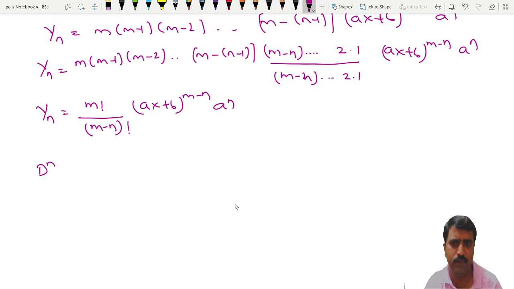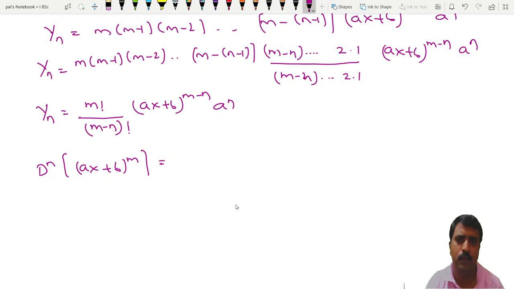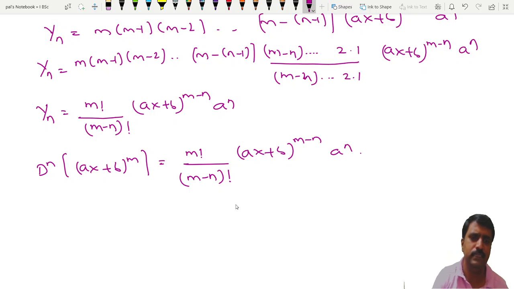Therefore the nth differentiation of ax plus b to the power m is equal to m factorial divided by m minus n factorial into ax plus b to the power m minus n into a to the power n.